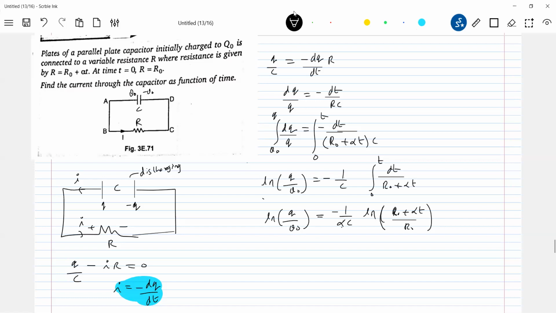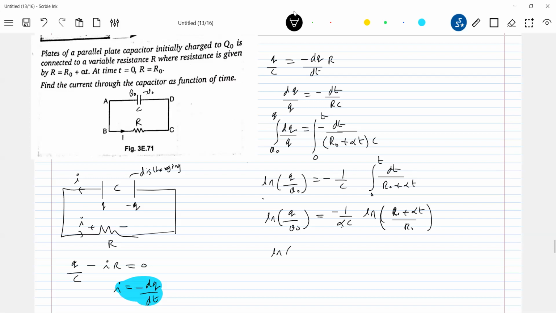Oh, okay, we have to simplify. But our goal is to get the expression for current, no? Can we rewrite this in any other form? So the minus alpha I'll send to this side.